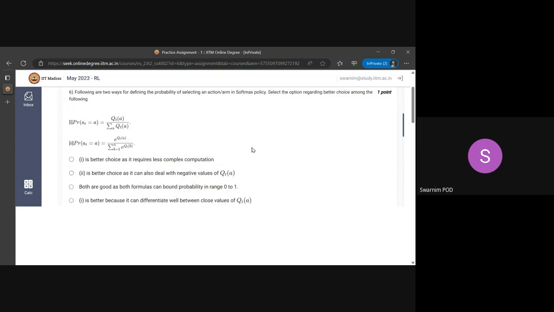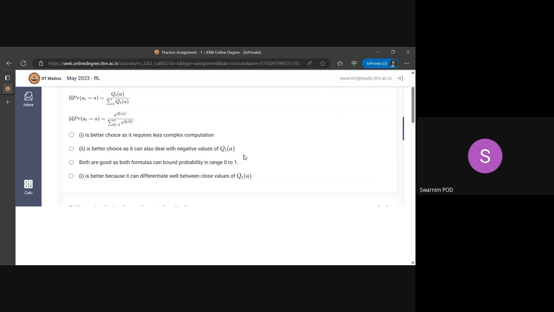Question number 6. What are 2 ways of defining the probability of selecting an arm in softmax? Select the option regarding the better choice. The first one: the probability of taking a particular action A is the estimate of that action divided by the sum of the estimates of all the actions.